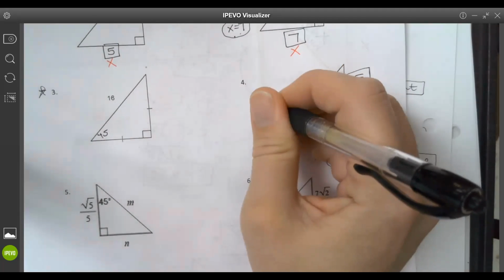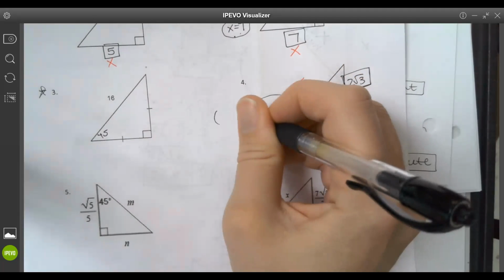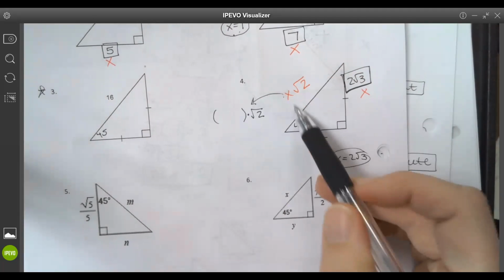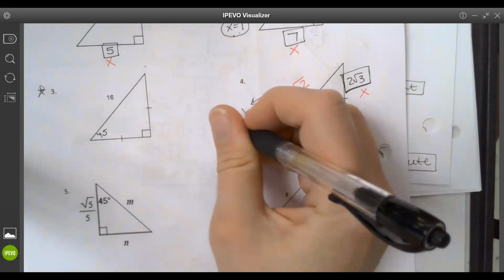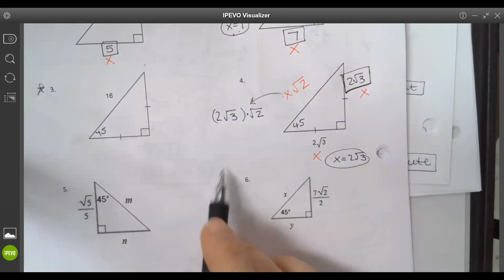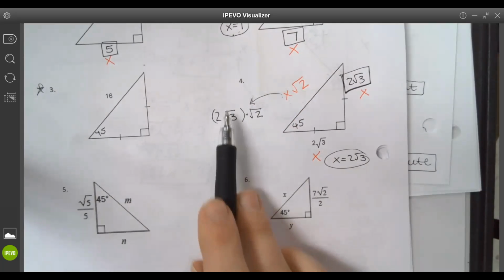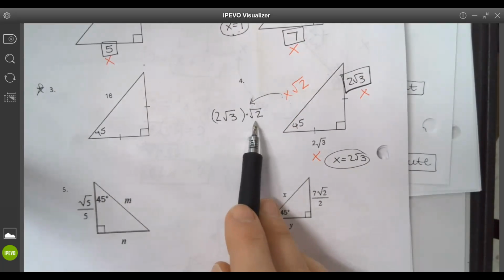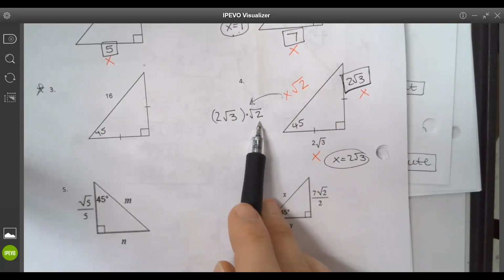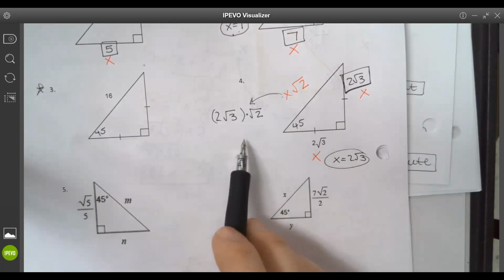Here, let me do some work. I get x times rad 2. That's what I have here, x times rad 2. So plugging in what x is, which is 2 rad 3, I get 2 rad 3 times rad 2. And we're going to simplify that to get the length of my side.